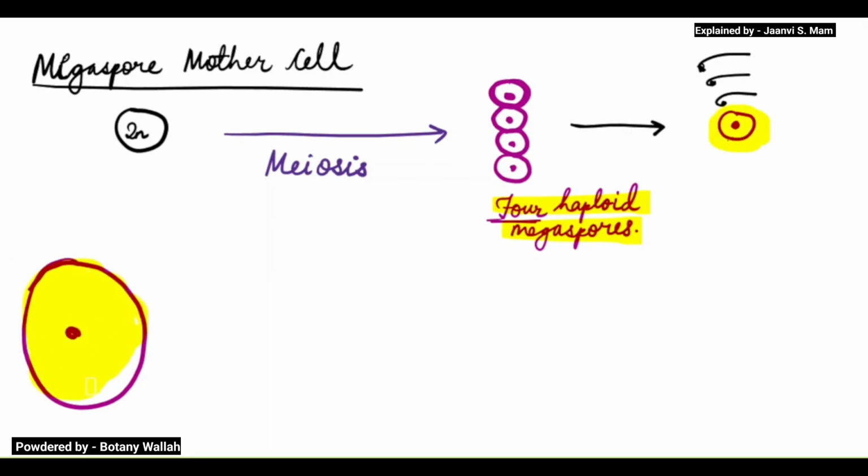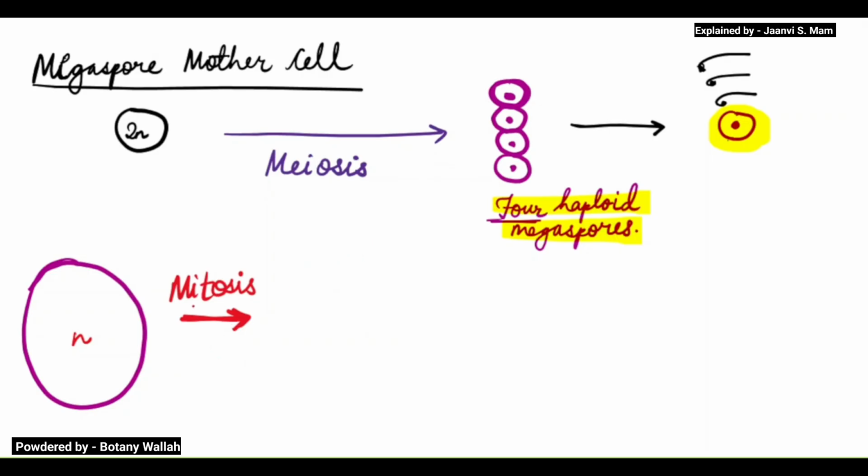Now we will see how many cell divisions this megaspore will undergo. The very first cell division is known as mitosis. We know that in mitosis, if there is a haploid cell, you will again get a haploid cell.